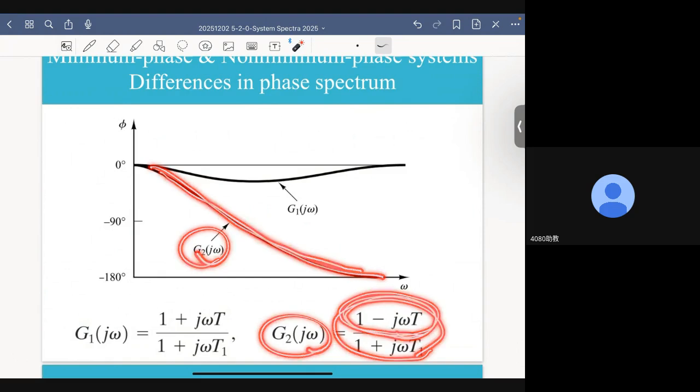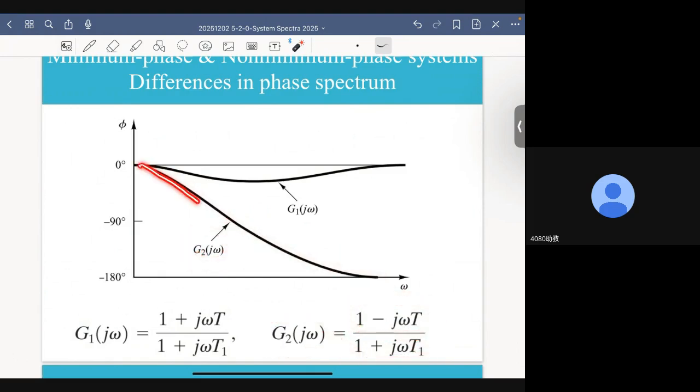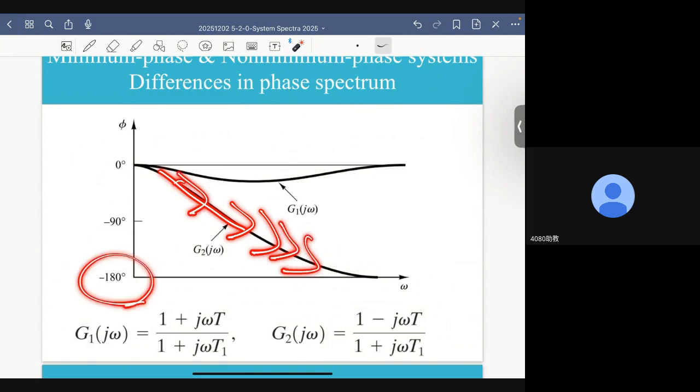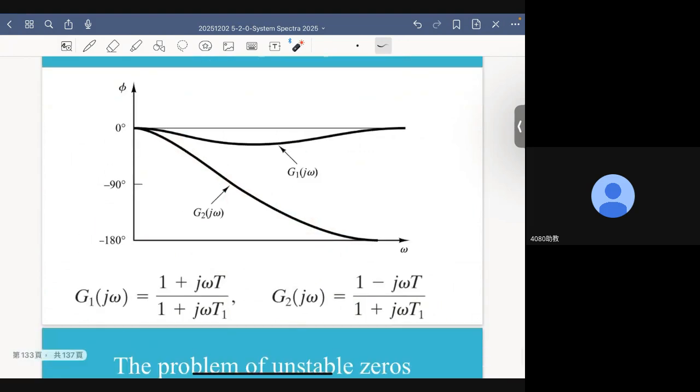Which means by introducing an unstable zero, the phase curve of the loop transfer function will move faster downward to minus 180 degrees, which apparently will decrease the phase margin.